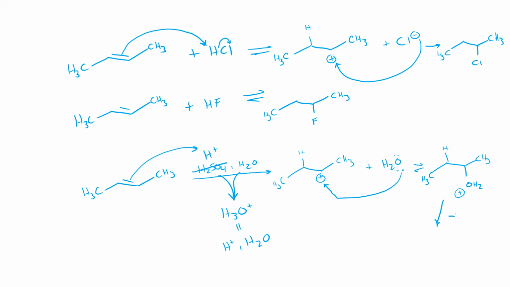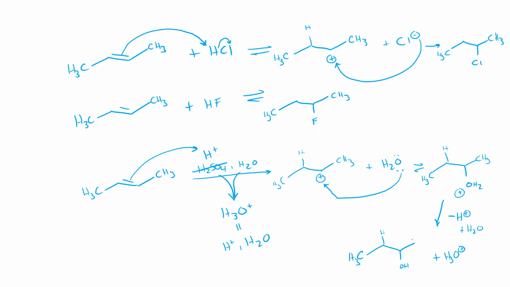And so what that's going to do is it's going to lose H plus. And what probably happens is another molecule of water comes, takes that OH2 plus and turns it into an OH. So probably what's happening is we're adding water and creating H3O plus again, which then of course will just feed back into the reaction at the beginning here. We'll have H3O plus, which is just H plus and H2O, and the reaction starts over.